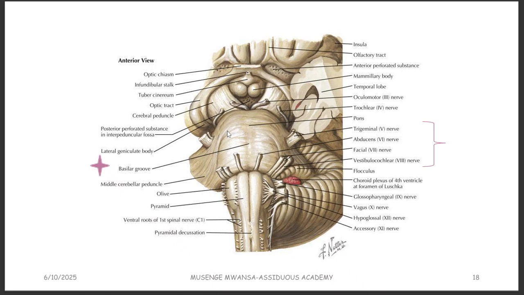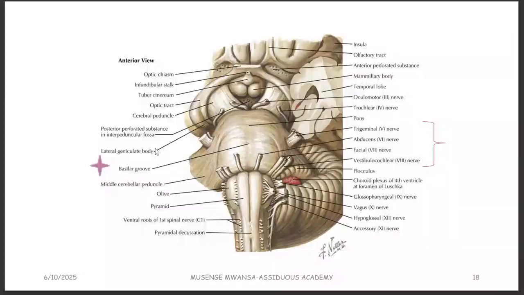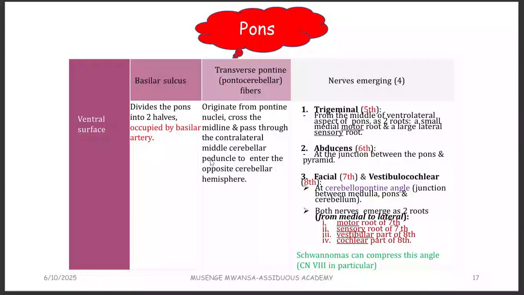Okay, this structure here. Starting from the anterior aspect of the pons, the ventral surface, we are going to have the basilar sulcus, which will divide the pons into two halves. This is the basilar groove. It divides the pons into two equal parts, on the left and on the right.